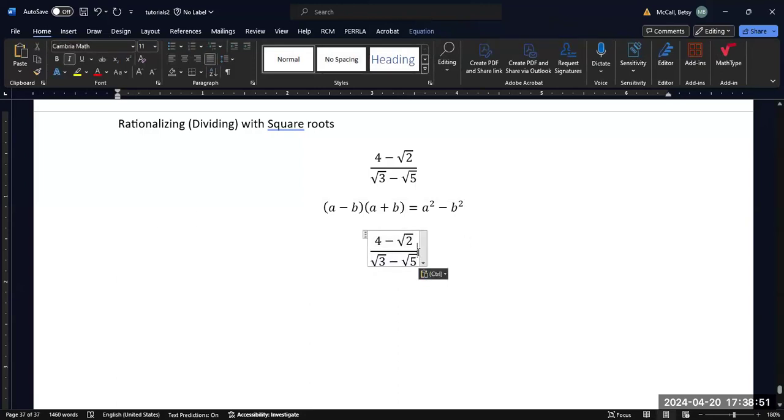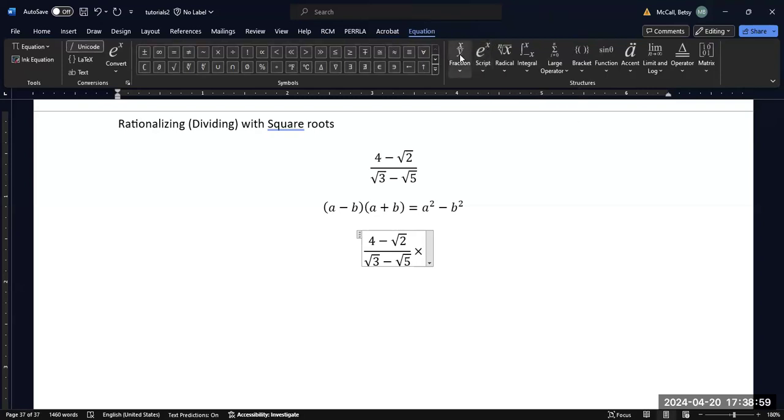So what I'm going to do here is I'm going to multiply my fraction by a fraction, but one that is going to take advantage of this a minus b, a plus b configuration so that I can cancel out any middle terms. And I'm going to multiply by the complement by taking the minus sign and turning it into a plus sign, or if I had a plus sign, turning it into a minus sign between my two radicals.